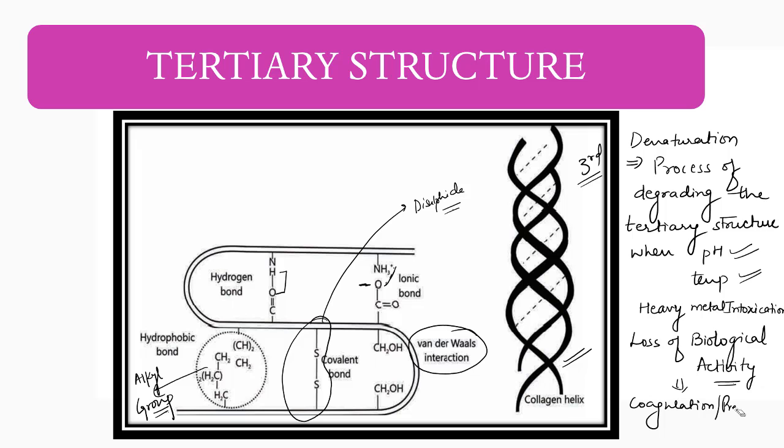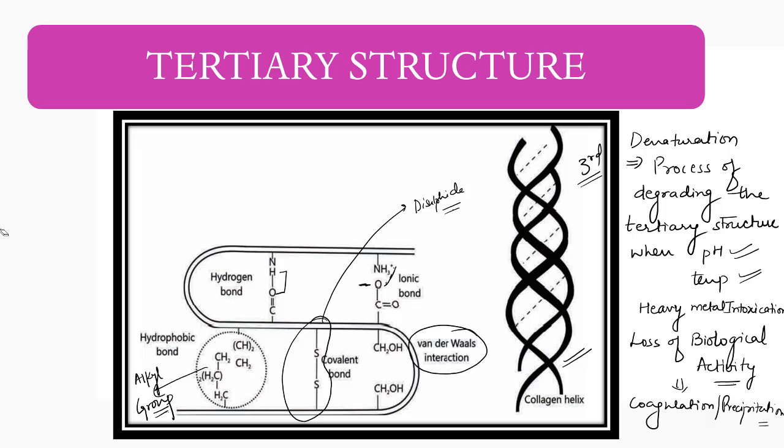Understood? And if the denaturating agent is removed, then it re-establishes the bonds to maintain the tertiary structure. That is known as what? Renaturation. So this is the tertiary structure, and the process of degrading of tertiary structure is known as what?